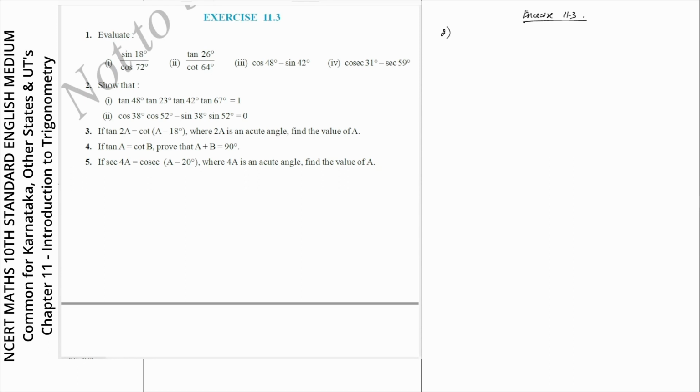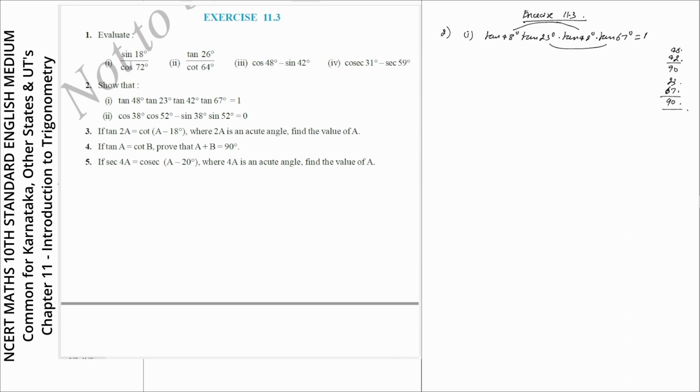Exercise 11.3, question number 2. Show that, first sub question: tan of 48 degree into tan of 23 degree into tan of 42 degree into tan of 67 degree is equal to 1. Now if you check, tan 48 and tan 42 are complementary angles, 48 plus 42 is 90 degree, and similarly 23 plus 67 are also complementary.